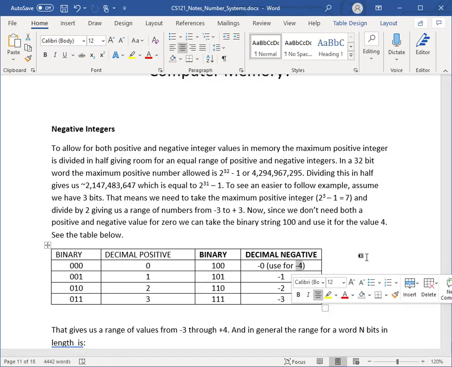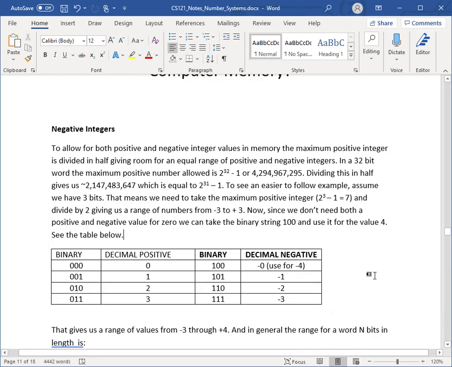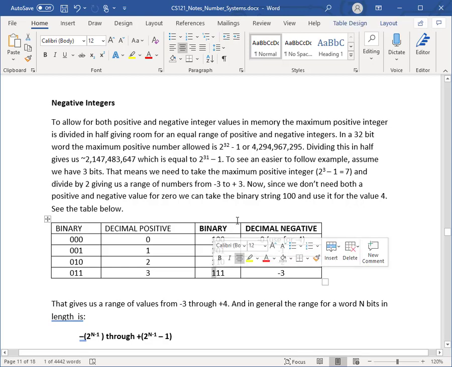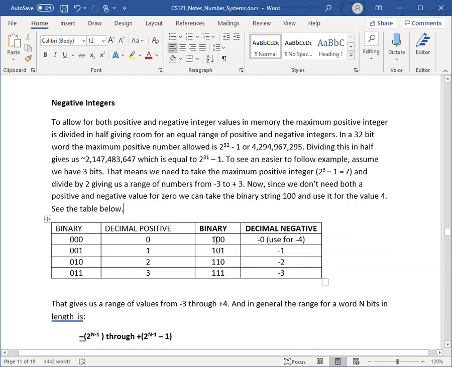We have taken our 3 bits, which normally go 0 to 7, and designated half of those to be positive and half to be negative. If you notice, in all the negative numbers the far left bit is always a 1. That gives you a hint as to how you can easily tell if a number is positive or negative. When that leftmost, highest-order bit is a 1, that usually means this is going to be a negative number.